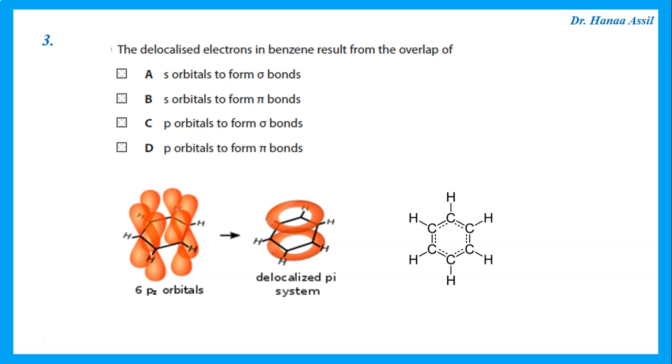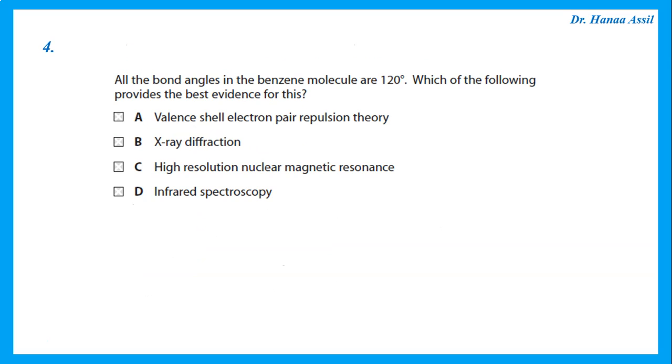And this is due to overlap of p orbitals, because the pi bonds are formed from overlap of p orbitals. So all the 6 p orbitals in benzene overlap, and the delocalized electrons are spread around the benzene ring.